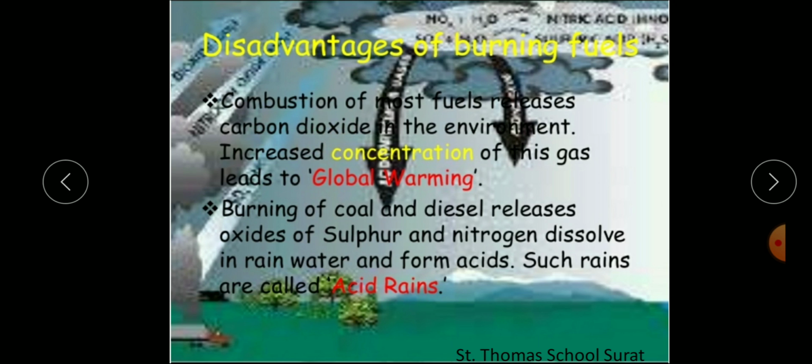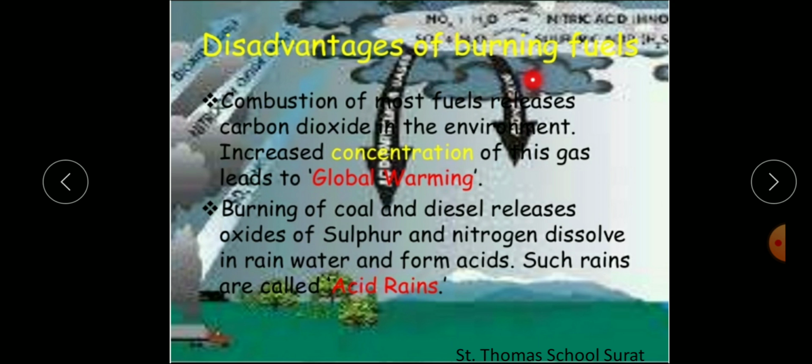This increased concentration of carbon dioxide in the air is believed to cause what? Global warming. This increased concentration of this gas leads to global warming. What is global warming? Global warming is a rise in the temperature of the atmosphere of the earth.